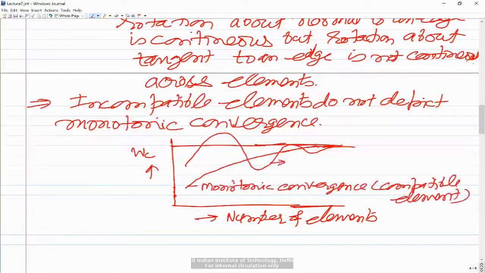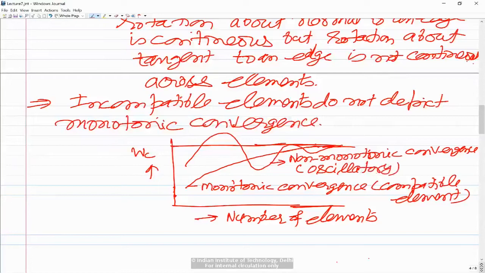And this one is non-monotonic convergence, or you can say it is oscillatory convergence. This comes from the incompatible element.